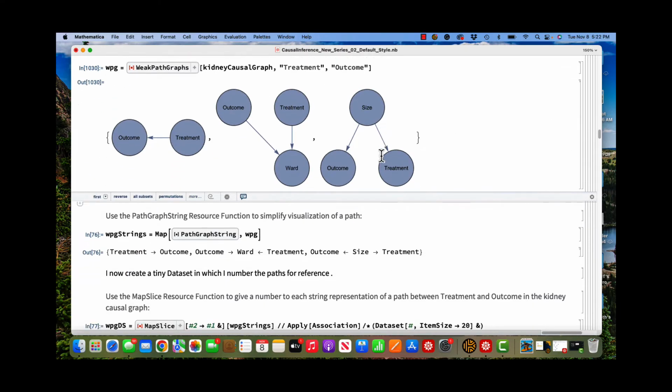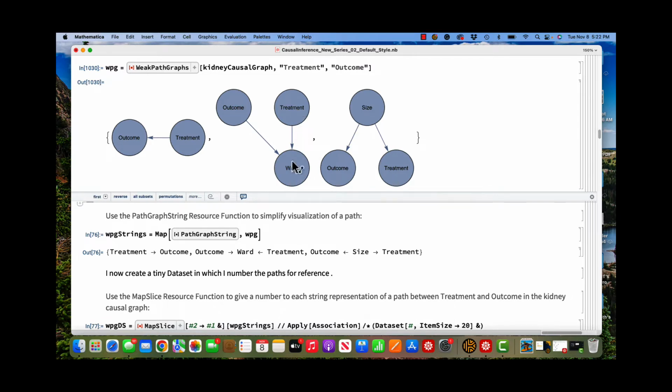And actually, this is pretty easy. If you can get there without reversing the direction at all and going against an arrow, then it's a causal path. So treatment to outcome is causal. Outcome toward treatment is not causal because I'm traversing this edge in a reverse way.